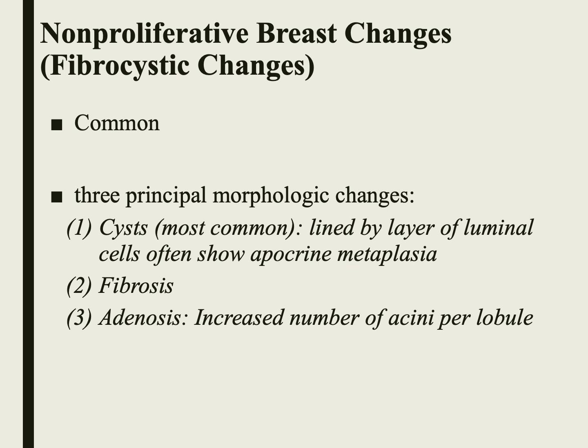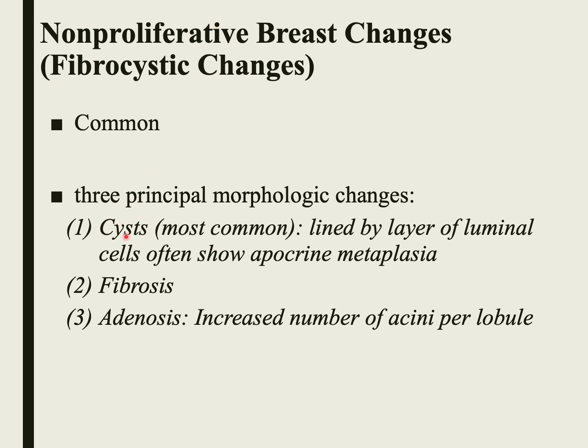If you look down here, there are three principal morphologic patterns included in this category. The first one is the cyst formation, which is the most common. And those cysts, which means dilated spaces, are lined by a single layer of luminal cells that may undergo apocrine metaplasia, where the cells have abundant granular cytoplasm, apical snouts, enlarged nuclei, and prominent nucleoli.